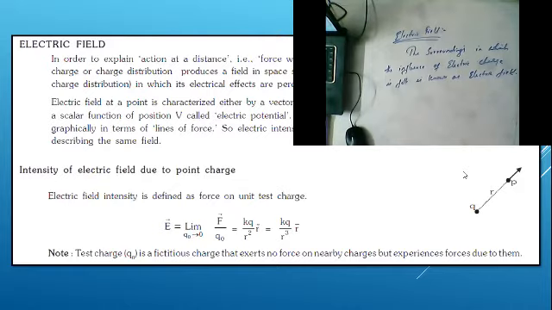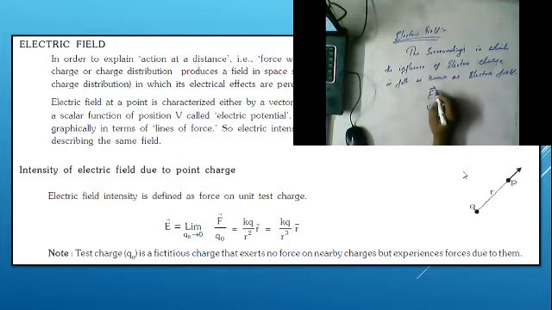Okay, so as a vector quantity it is represented as capital E bar, and in terms of electric potential, it is represented as V. As a vector quantity it is represented as E bar, and as a scalar quantity it is represented as electric potential.